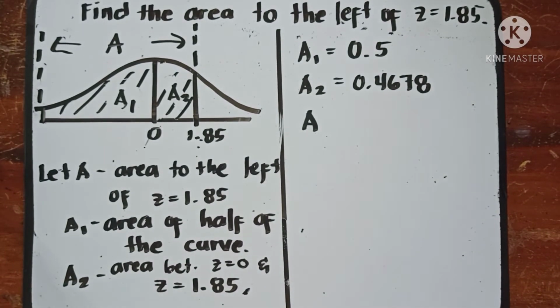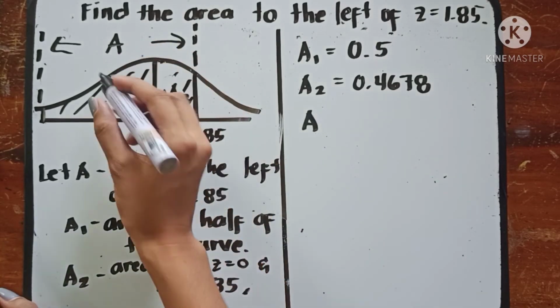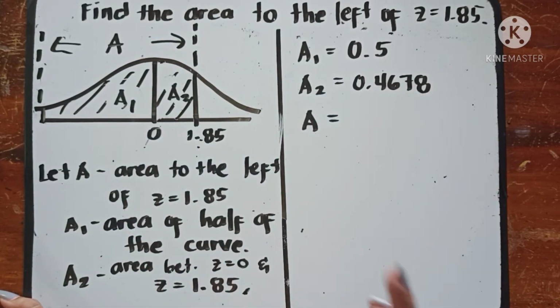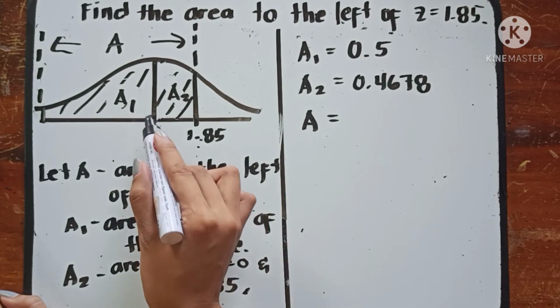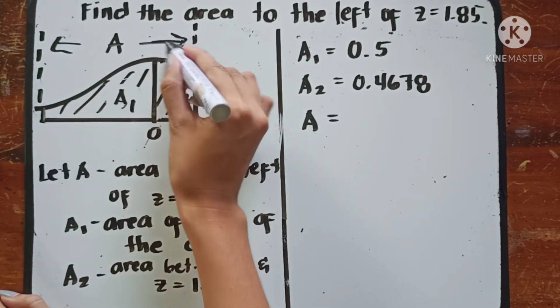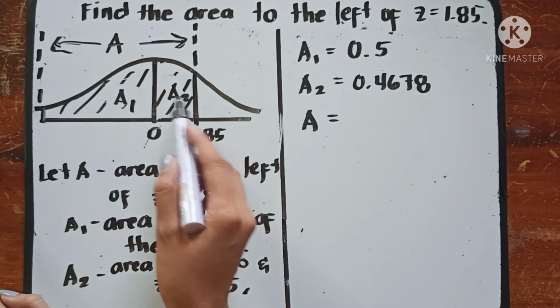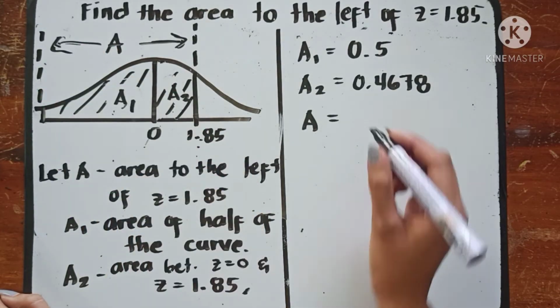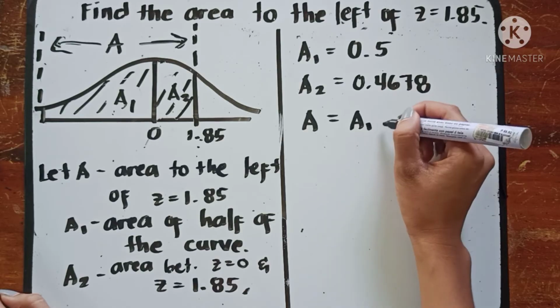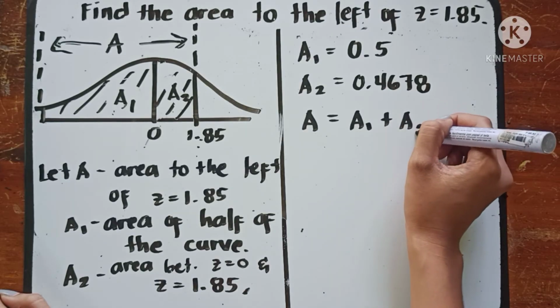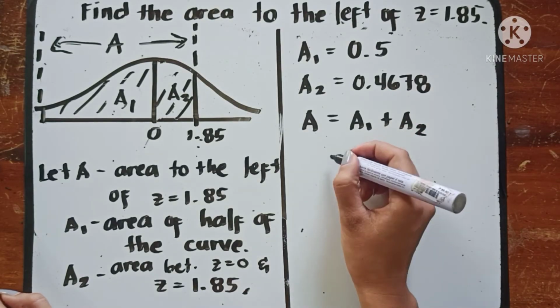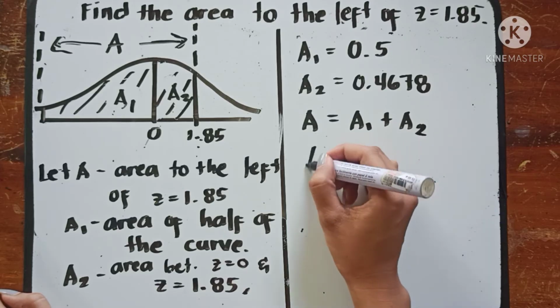How about the value of our a? Ano yung value ng a natin? Yung a natin is yung combination, pinagsamang a sub 1 at a sub 2. So, that is a sub 1 plus a sub 2. Just substitute the value of our a sub 1 and a sub 2.